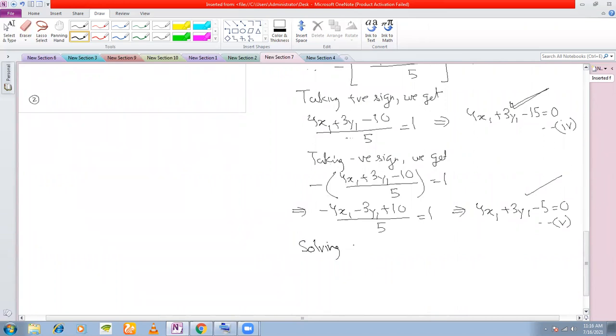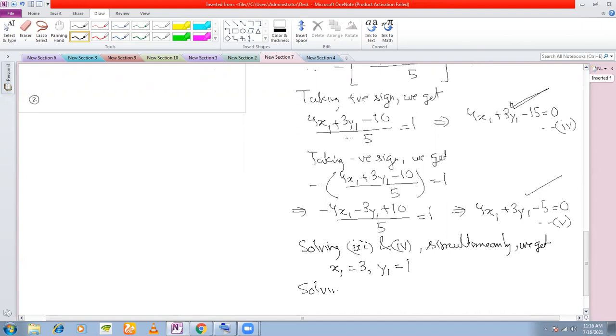Solving 3 and 4 simultaneously, you'll get x1 is equal to 3 and you'll get y1 is equal to 1.